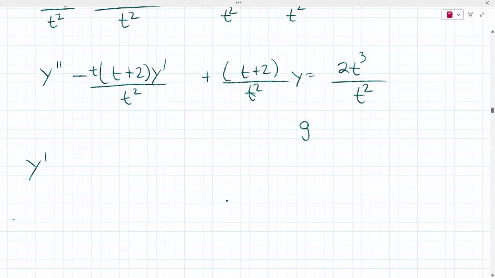So it's going to be y double prime minus, this t cancels, you're left with 1, so that's (t plus 2) y prime.